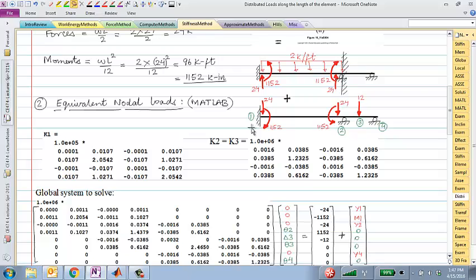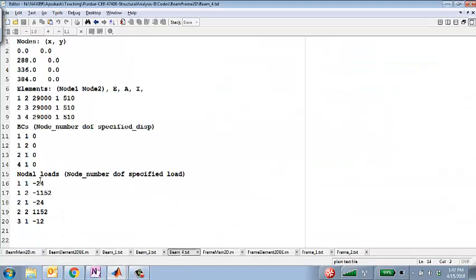If you just use the right hand rule, that moment on node 1 is indeed pointing into the plane, that's negative. Whereas the other moment here is counterclockwise according to the right hand rule, that's positive, and all the three forces are pointing downwards, so they're all negative, which is exactly what that load is.